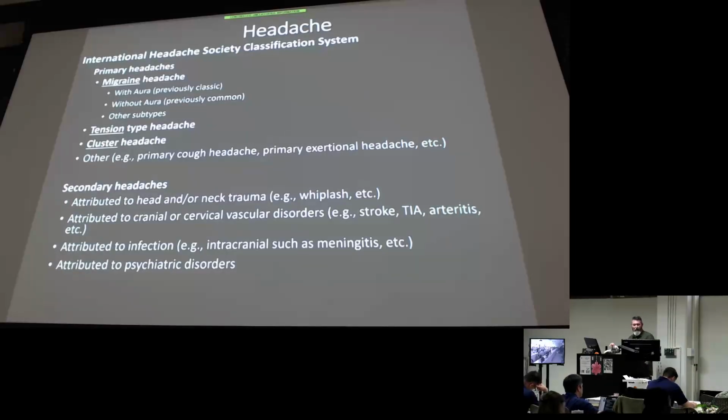When we say aura, migraines now, we say with or without. You will still sometimes see it referred to as classic, meaning there is an aura there, that you have these precipitating sensory changes to the point where you know a headache's coming, versus previously common, which is without that aura. Now we put them in that bucket of migraines with or without.